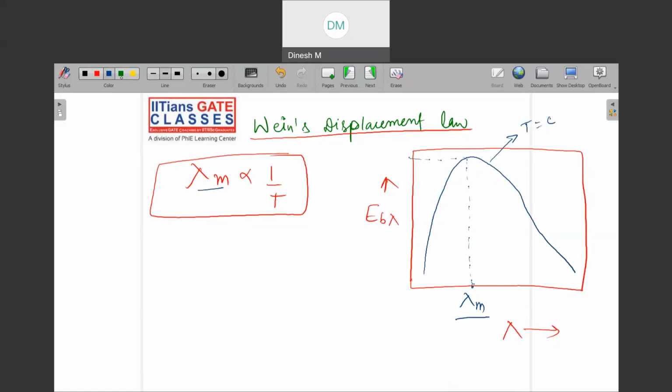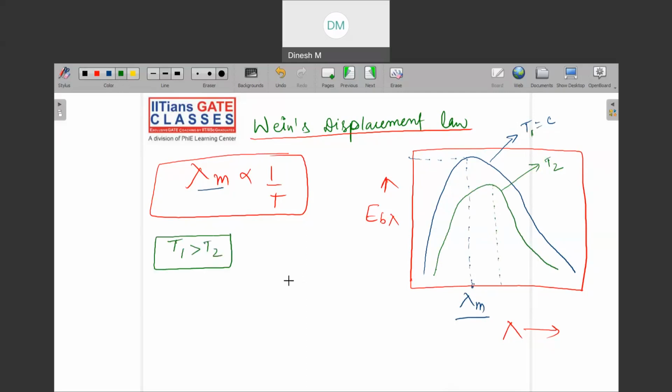If I draw another constant temperature line, the shift is something like this. Let us say this is T1 and this is T2, where T1 is greater than T2.